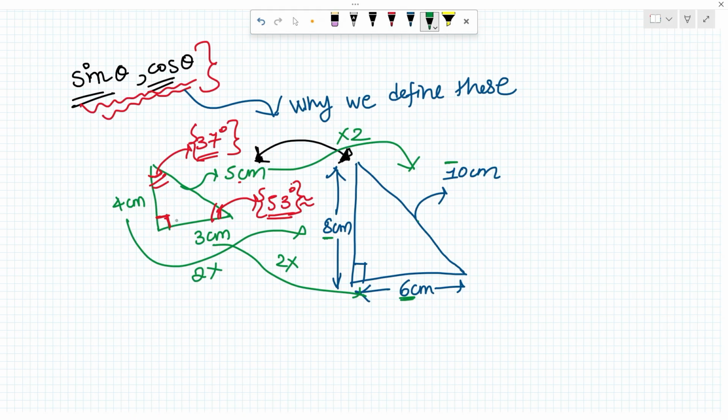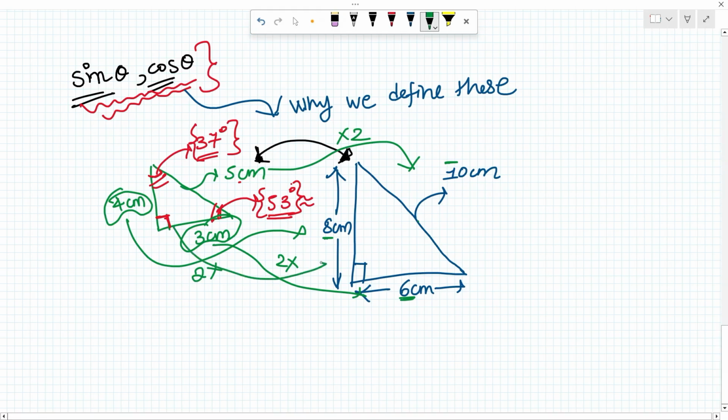If I stretch the 3 centimeters and the 4 centimeters to double of what they are, automatically I should end up with this right angle triangle. You can think of it as a 2x zoom. It's as if you take an image of this triangle and zoom it up 2 times.